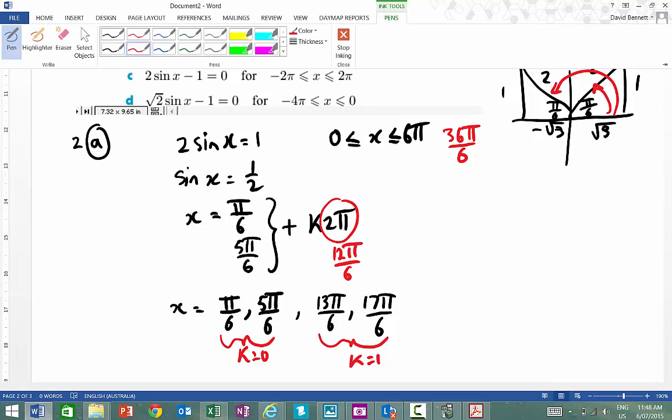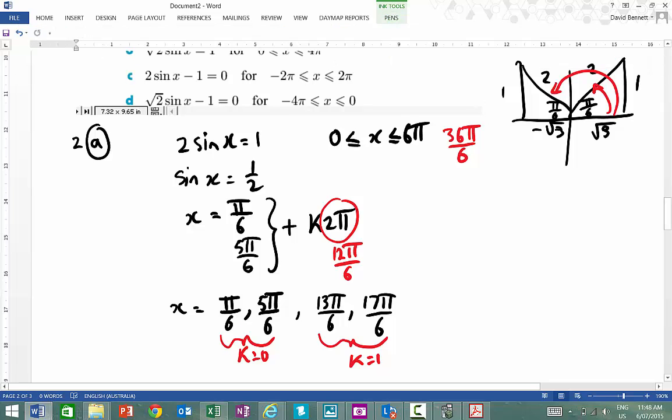And we're going to keep going until we get to 36 pi on 6. 13 plus 12 is going to give me 25 pi on 6. And 17 plus 12 is going to be 29 pi on 6. And that's going to be when our k value is, in fact, equal to 2.